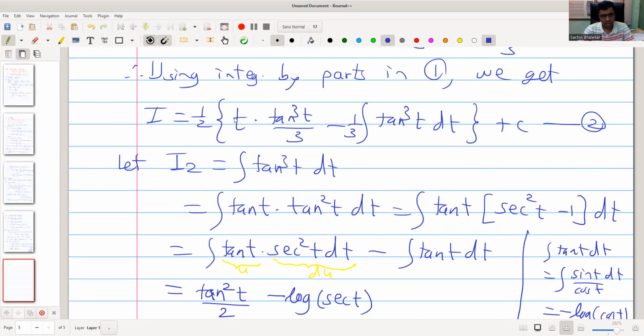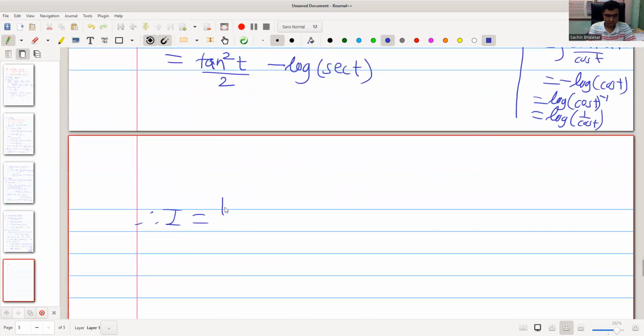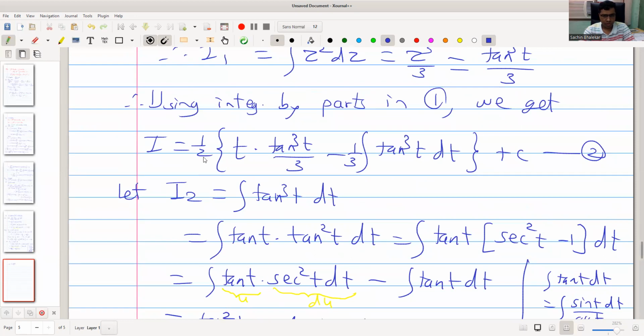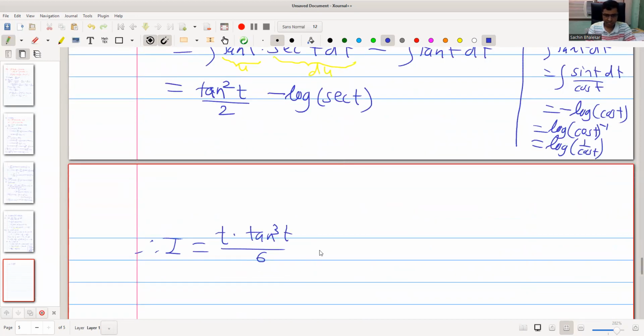So it is t tan cube t by 6, minus 1/6 into this, which means minus 1/12 tan square t, minus this becomes plus 1/6 log of sec t. And of course there is a constant.